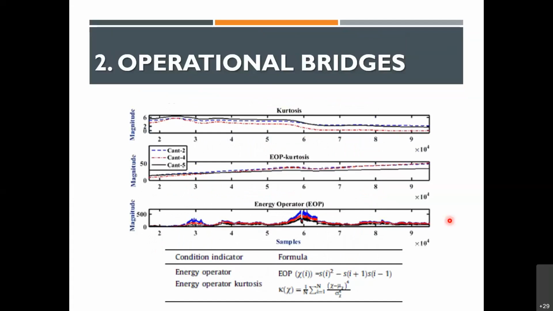Then there were some statistical techniques on the harvested energy, because once you have the energy, you need to do something about it to create markers. We saw that we had an energy operator define the kurtosis of it, or just the kurtosis itself. They could give you a significant difference which can automatically tell you when a train passes over, and the depth can tell you what might be the relative axle weights.